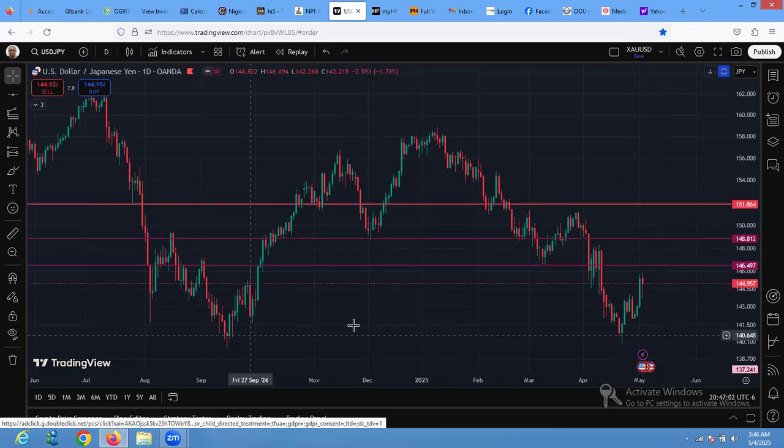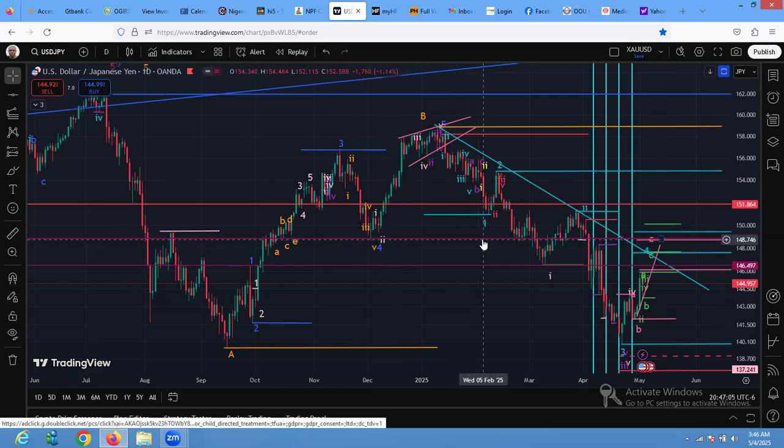Let's look at it. So these are the areas I expect us to move backward to the downside. Price may actually hit this area of 148.700 without breaking this area of 151.900 or 152. So that is what I could see here.